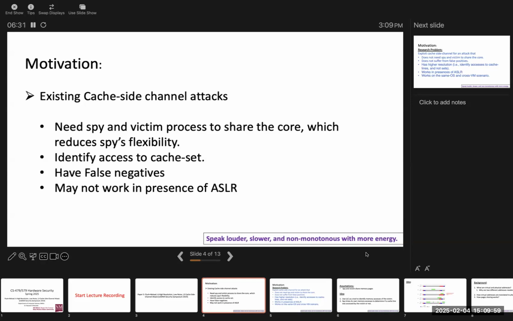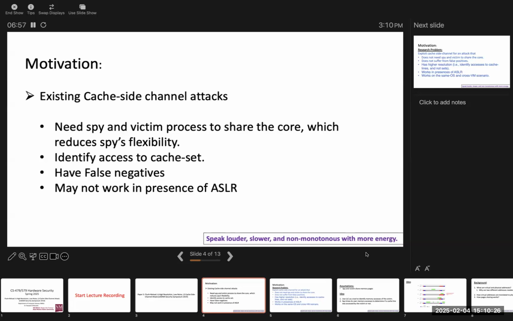L2 is also typically private. But then L3, which is sometimes named the last level cache, is shared among all the cores. And then this is connected with the memory, which is on a different chip. So this is the memory chip, okay?